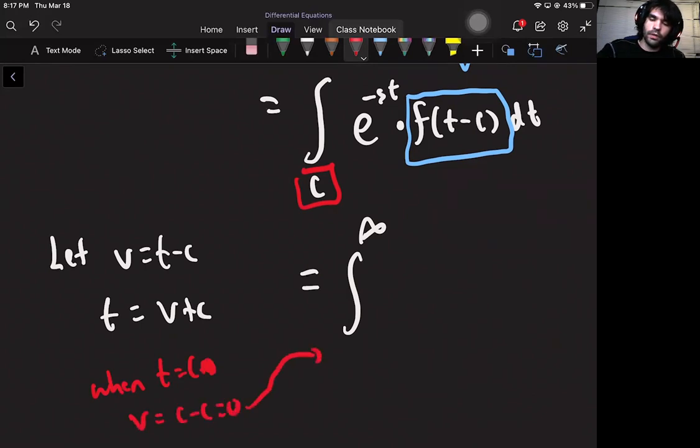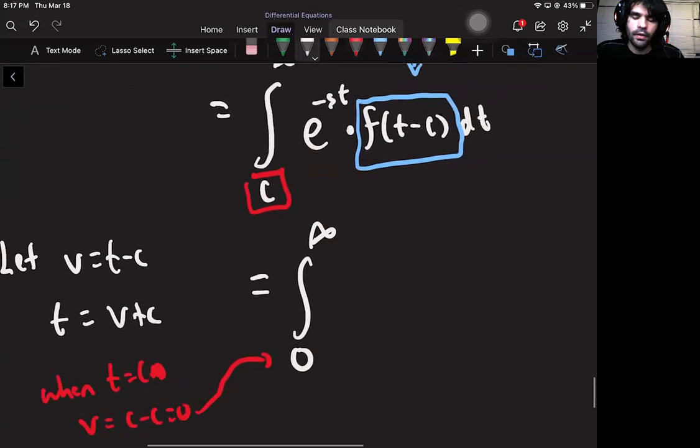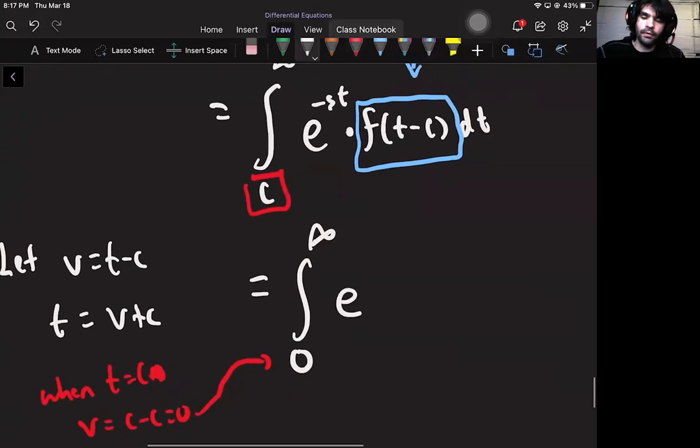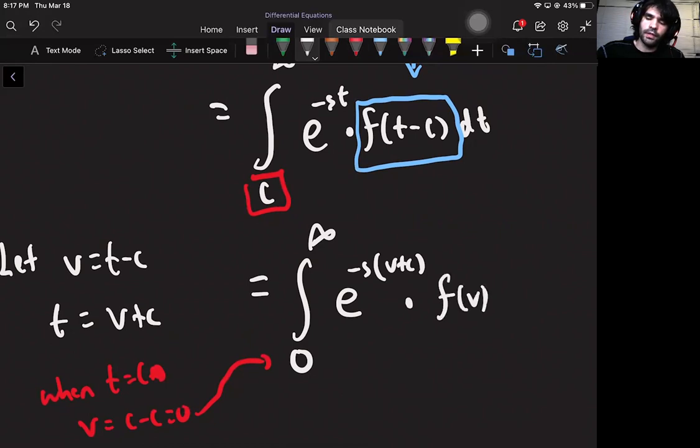So that's why this is going to be starting at 0 now. Let me do this change of variable. Up here, this t becomes v plus c, and f of t minus c just becomes f of v. And then dt, if I do the little dt trick, is just dv.